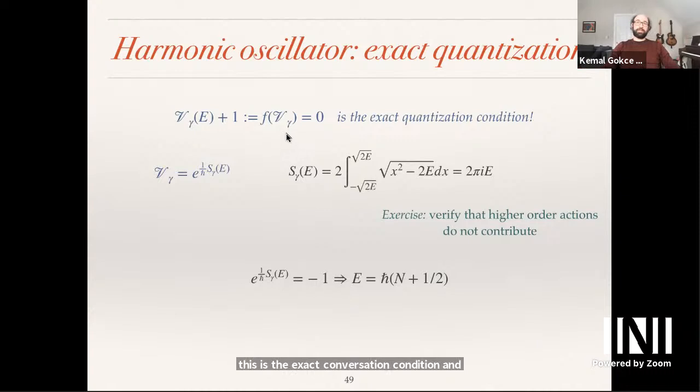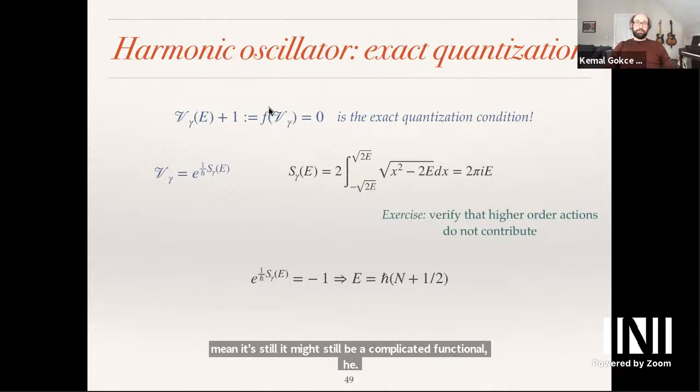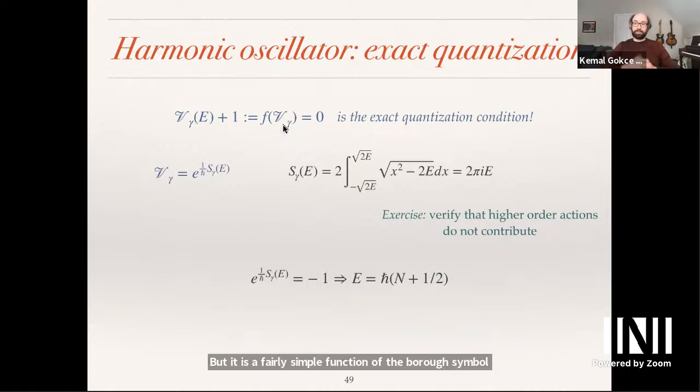And what's nice about it is that it might still be a complicated function of E, but it is a fairly simple function of the Voros symbol. So the utility of using the Voros symbols is that the exact quantization condition in terms of these functions is typically not that complicated. Of course, then extracting the energy levels and so on from that might be a different problem.